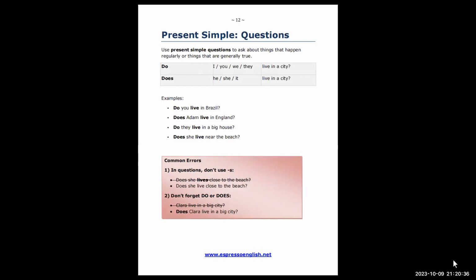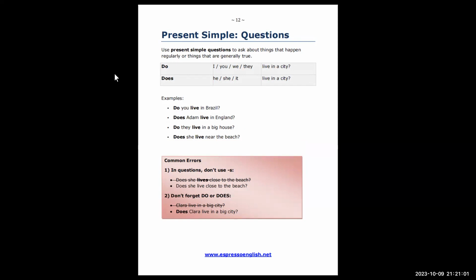So what is the title of this topic or lesson? Present simple questions. Okay? So use present simple questions to ask about things that happen regularly or things that are generally true. Actually, it's easy. You know why?